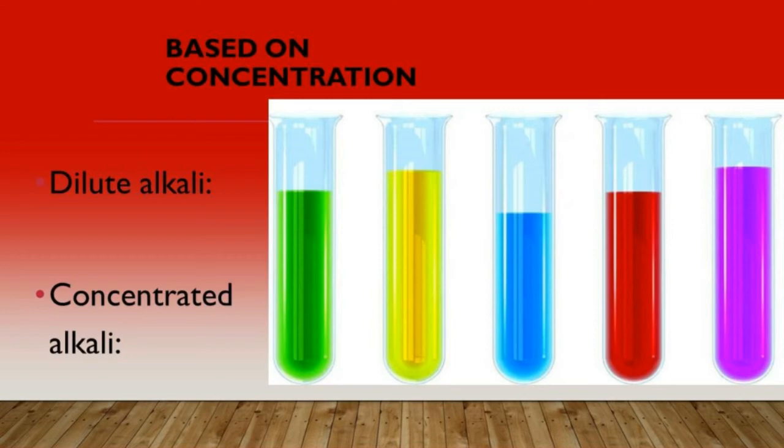Next one is concentrated alkali. Concentrated means it has a high percentage of alkali in a solution. The concentration will be more. That you can see in the picture: the dark blue is called concentrated alkali, and the light blue is called dilute alkali.